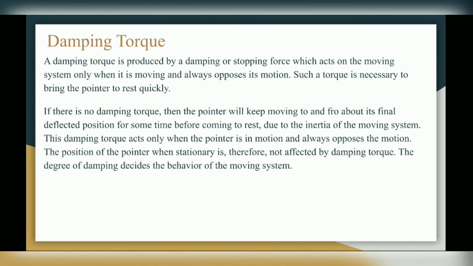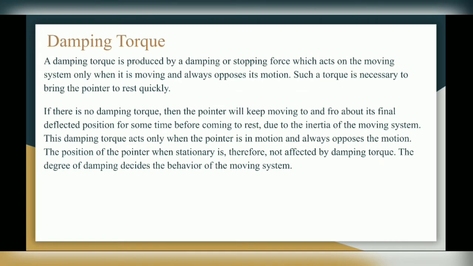Next is damping torque. A damping torque is produced by a damping or stopping force which acts on the moving system only when it is moving and always opposes its motion. Such a torque is necessary to bring the pointer to rest quickly.